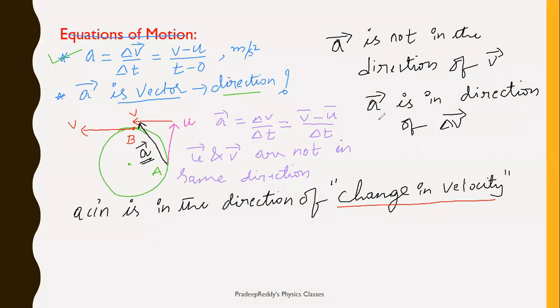This part is very, very important. When calculating the direction of acceleration, especially for JEE and entrance problems, most of you will consider that a and v are both in the same direction, but that is wrong. a bar is in the direction of delta v.